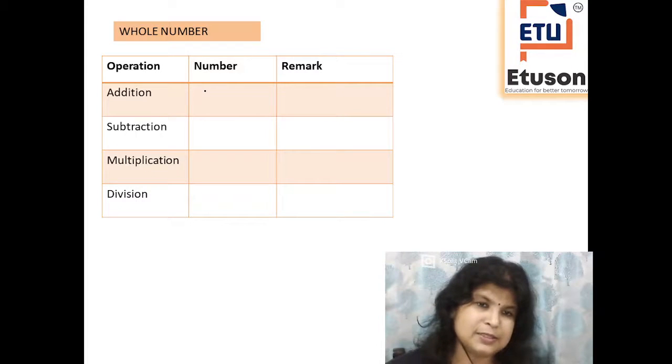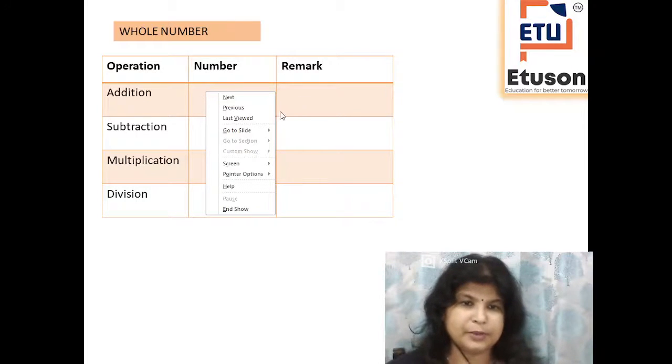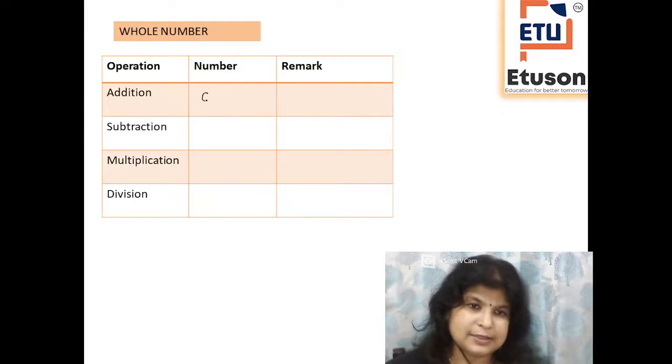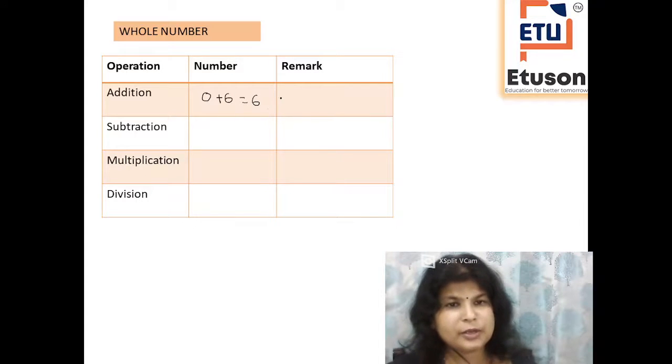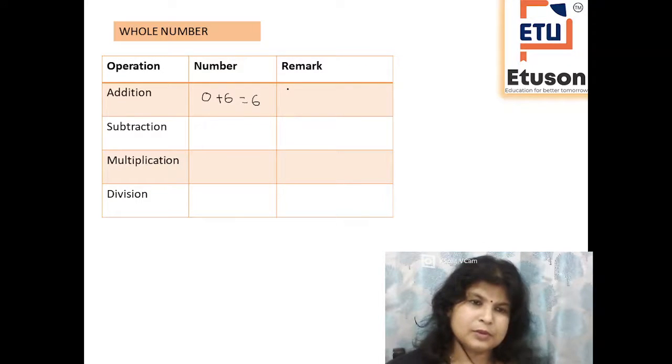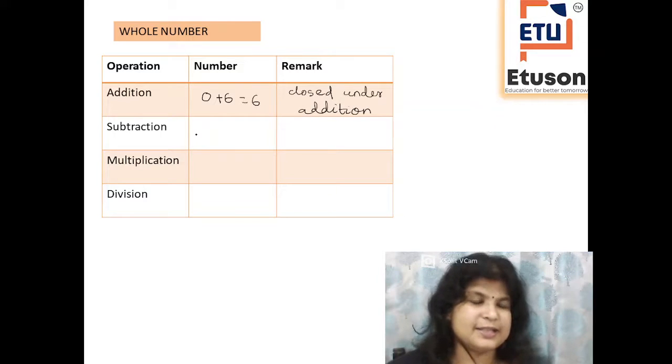Suppose one number is 0 and the other is 6. The value is 6. 6 is a whole number. So whole numbers are closed under addition.